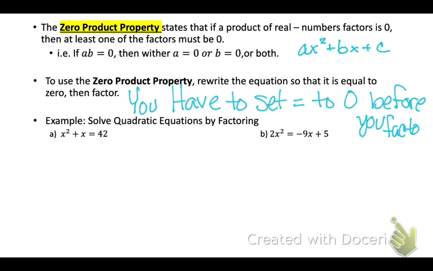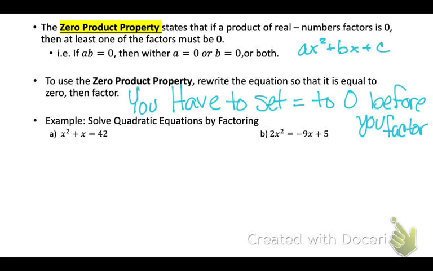Now, there are other things you can do besides factoring to solve, but before you factor, you have to have it equal to 0. Before you do the quadratic formula, which you're going to do soon, it has to be set equal to 0. It just is.